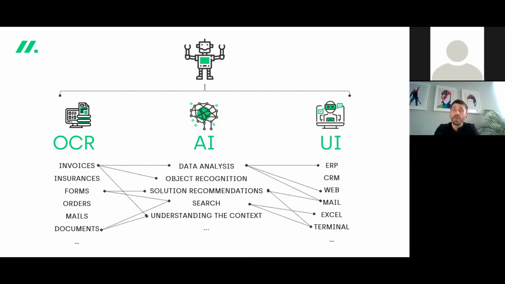Then we can also use some more complex techniques like AI. From our perspective, it's mostly machine learning models and algorithms. We can use this technology for data analysis, object recognition, some solution recommendations, search within the documents, or understanding the context of the documents, or for example, of the emails.